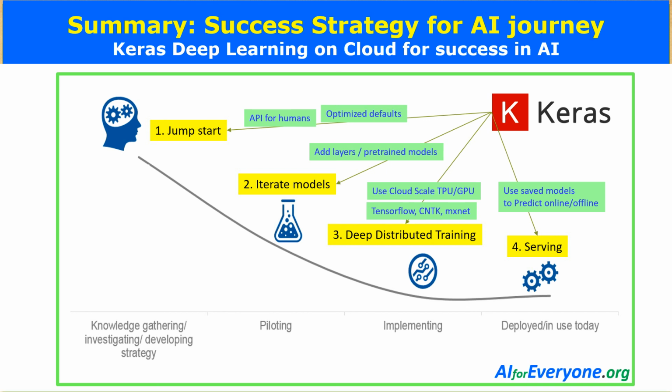Keras is an API for humans, and with optimized defaults it makes your jumpstart really fast. During piloting, you can iterate through various models by quickly adding networks, layers, and even pre-trained models. You can leverage the power of compute on the cloud with multi-GPU and TPU systems with Keras. And you can even switch the backends from TensorFlow to CNTK to MXNet in a matter of a few minutes.